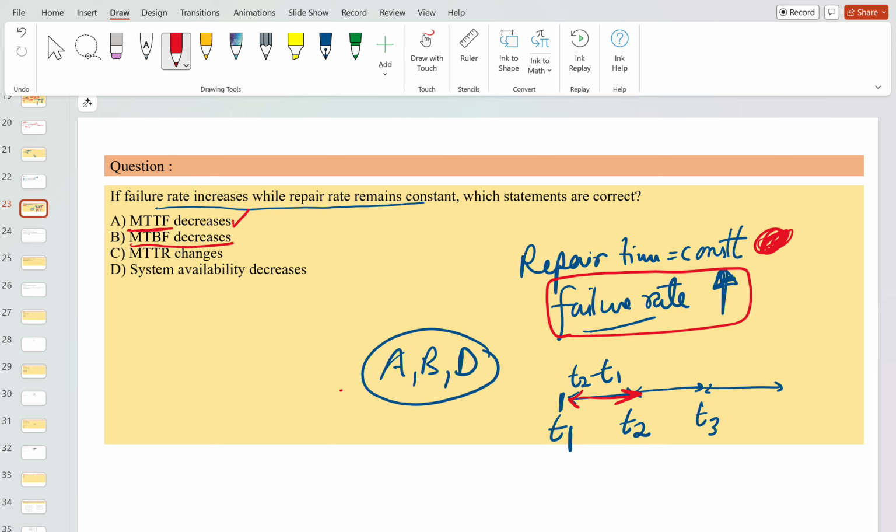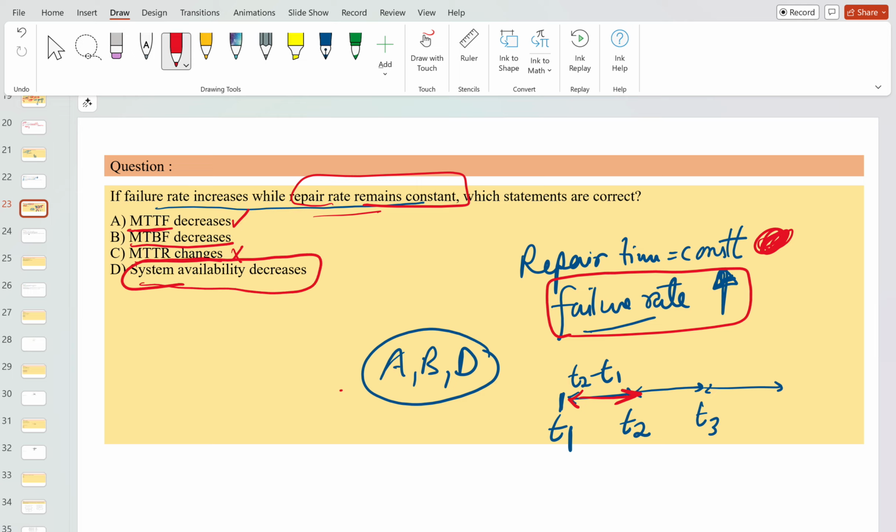When you say mean time between failures, it is also decreasing because the faults are coming at a faster rate. MTTR changes, that is false, because the repair time remains constant, so the mean is also constant. System availability decreases.